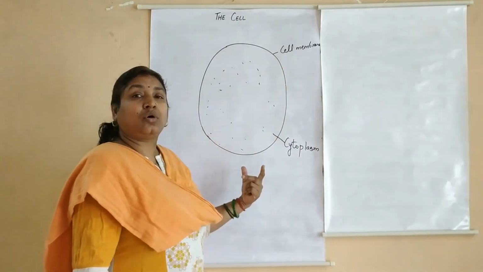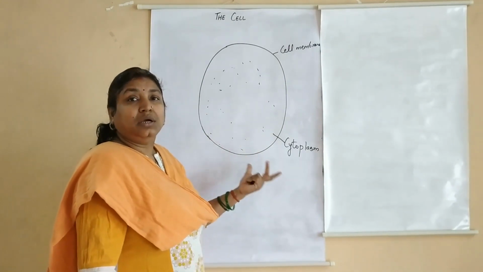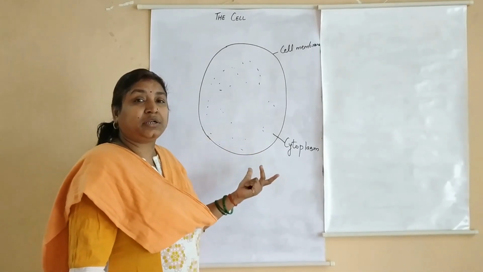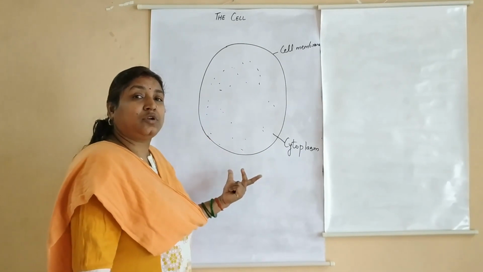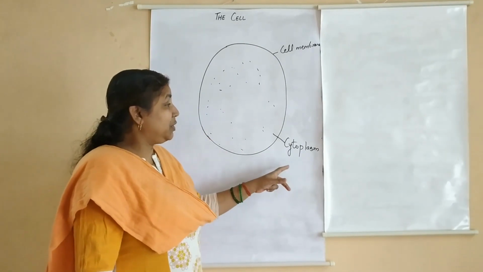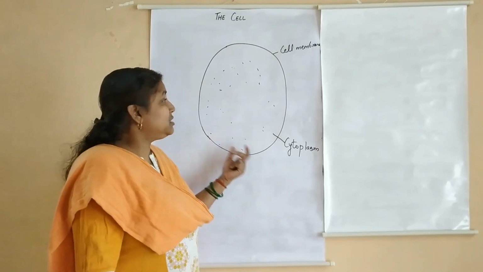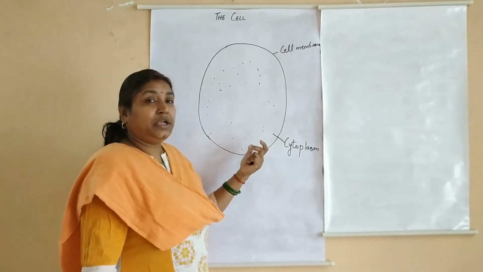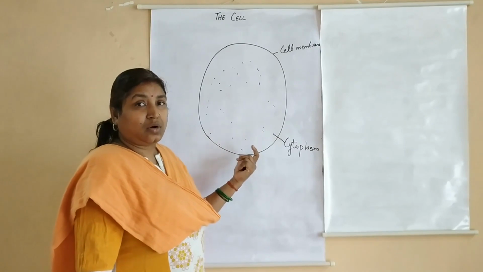Right now we are talking all about the living structures of the cell. Cell is a living structure. We have already seen it is capable of existing independently and sustaining life by carrying out various physiological activities. So cytoplasm is also a living structure. It is semi-solid in nature and is in continuous motion. It helps in the intracellular movement of materials and the cell organelles.